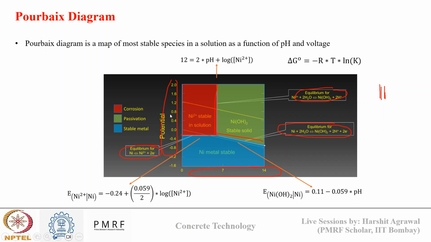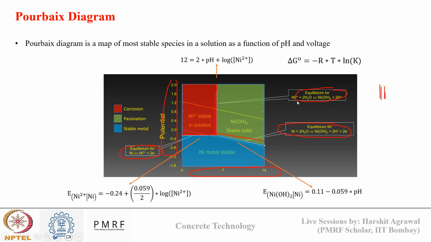As per a potential value and the pH of the system, it gives what different products can form at the metal non-metal interface. Based on the ion or species existing at the interface, we can determine whether the system is in a stable state, passive state, or a corroding state.